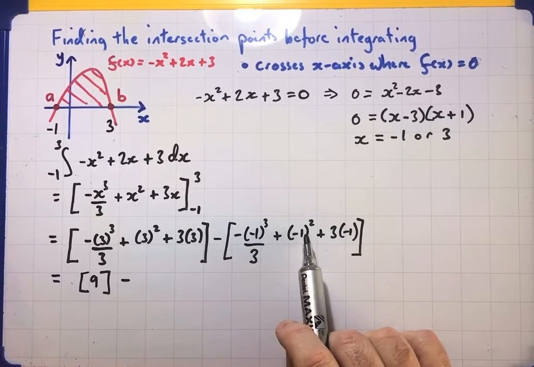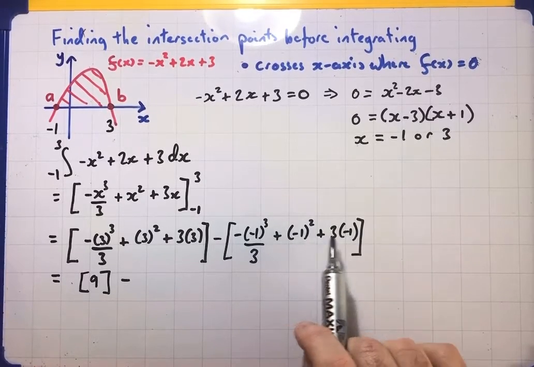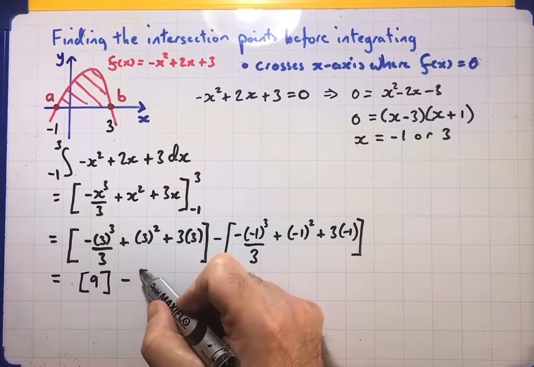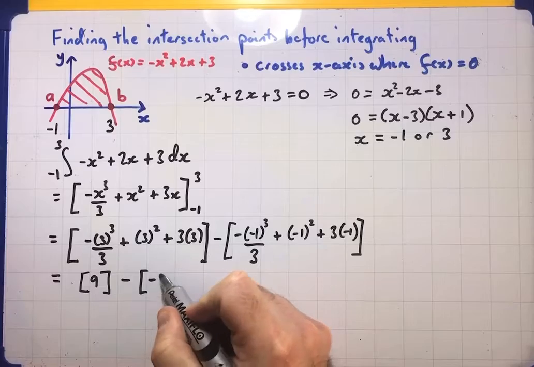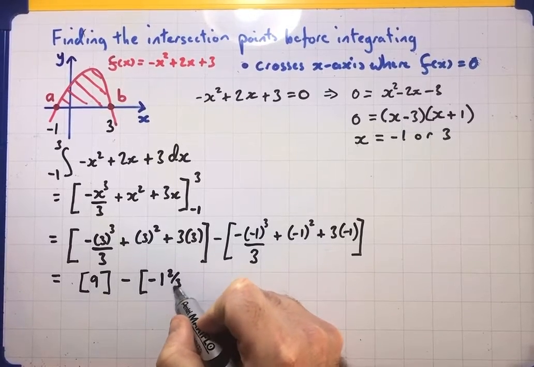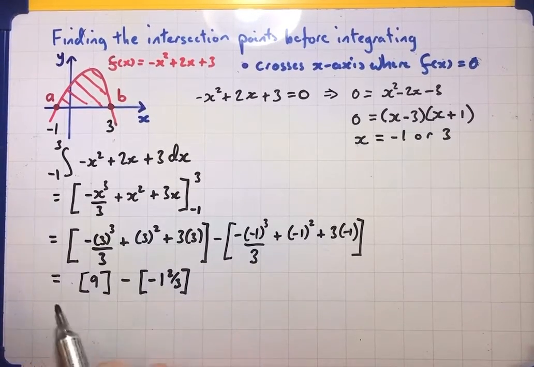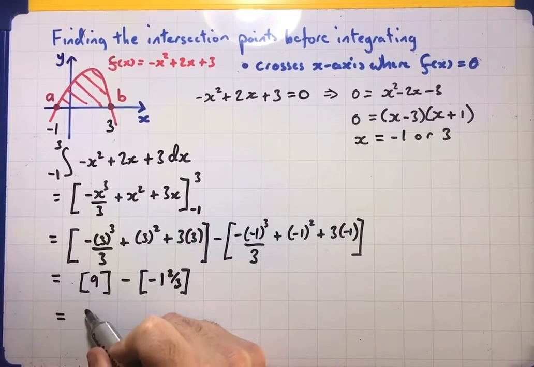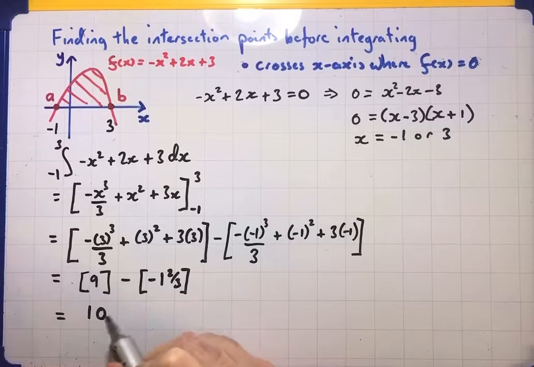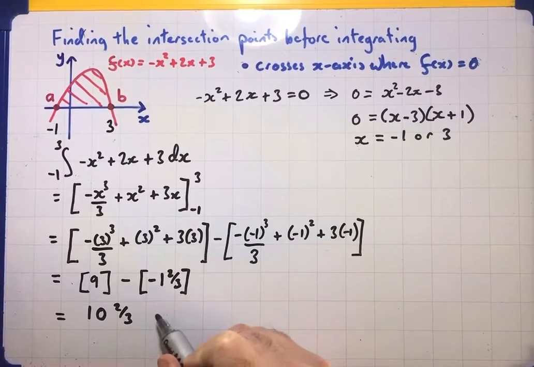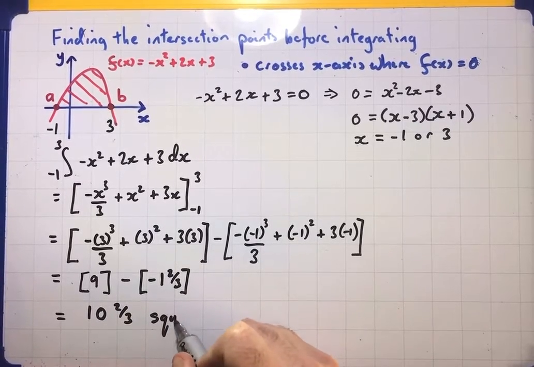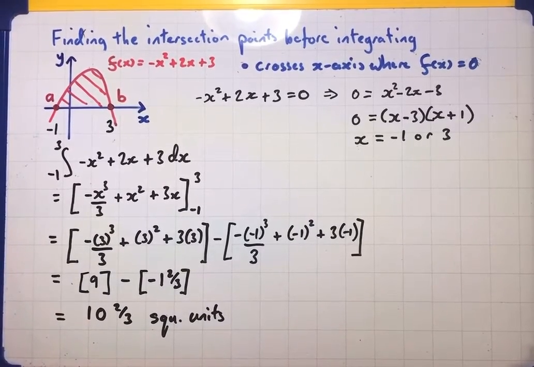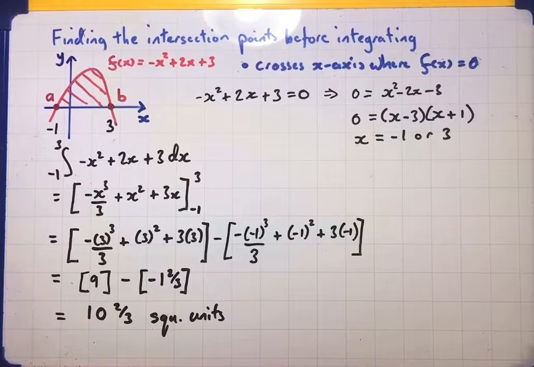This would give us 1, so 1 and 1/3 minus 3, which would give me in the bracket minus 1 and 2/3. So minus a minus is a plus. So overall there, what we have is 10 and 2/3. Again, it's an area, so we can put down square units. Okay, so that's our first example of this sort.